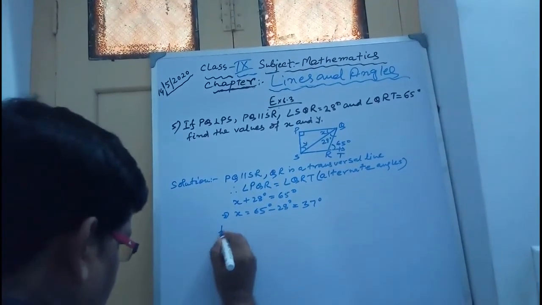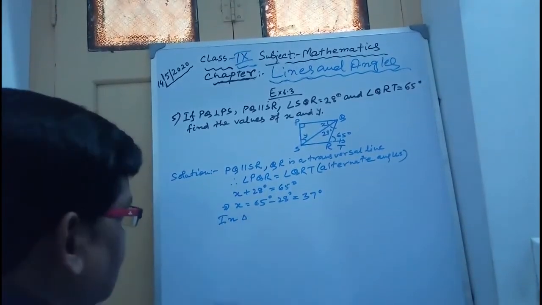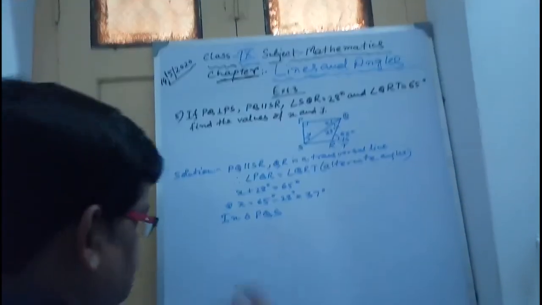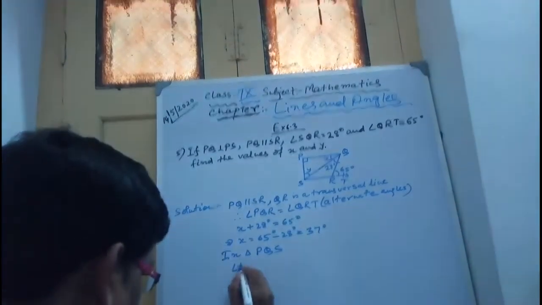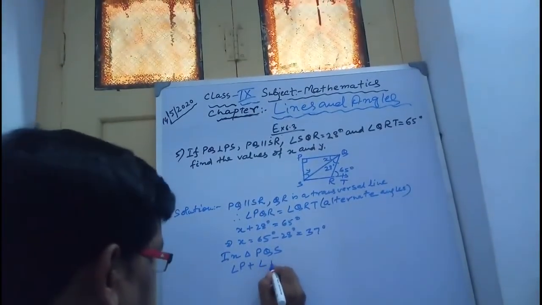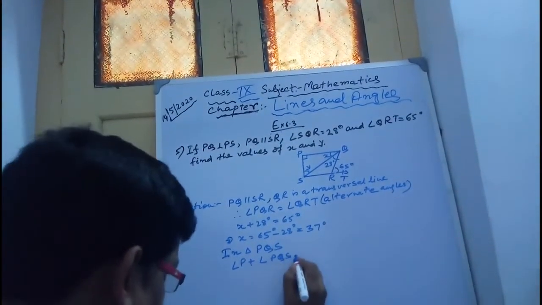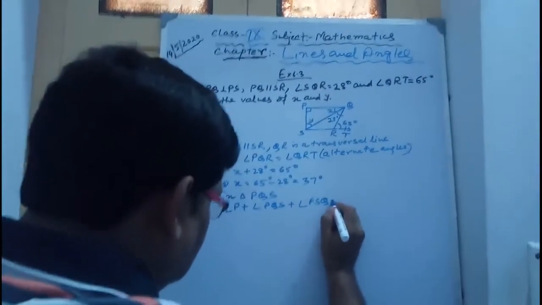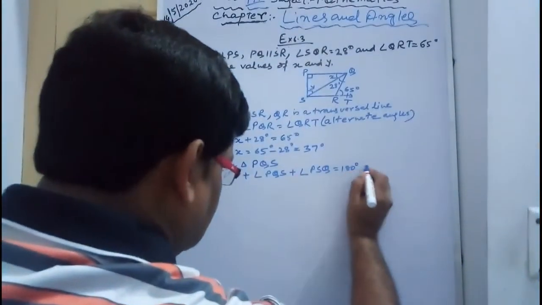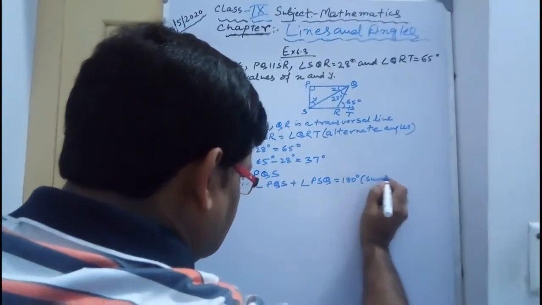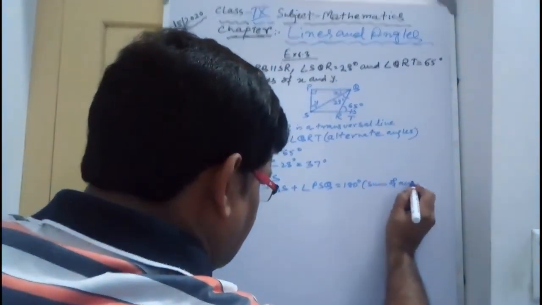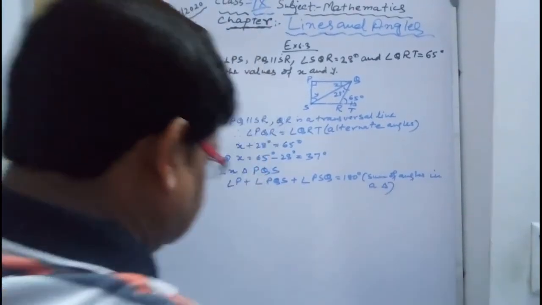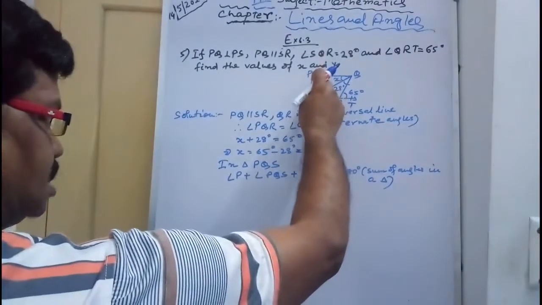Now in triangle PQS, angle P plus angle PQS plus angle PSQ equals 180 degrees. Reason: sum of angles in a triangle. Angle P is 90 degrees as it is perpendicular.